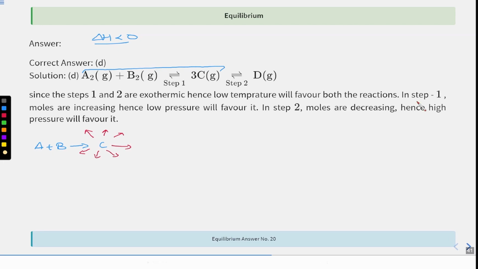If C is giving out a lot of energy in an exothermic reaction, the surroundings should be at a comparatively low energy so that they can absorb that energy. Think of it this way. So if it's an exothermic reaction, the product side should be on a low temperature side.